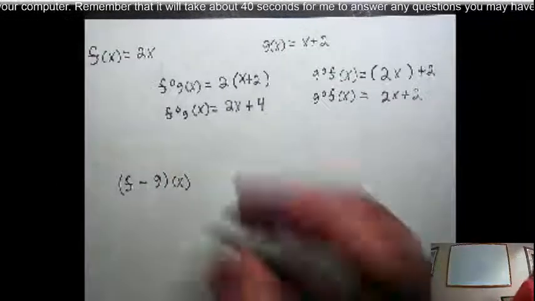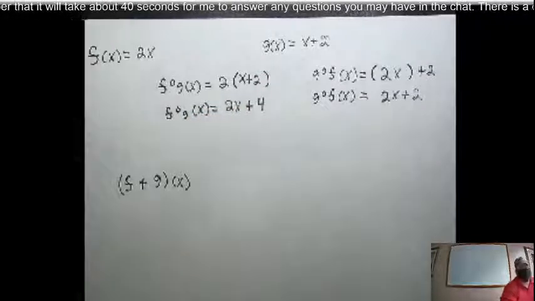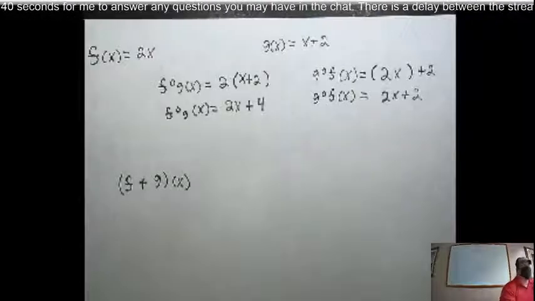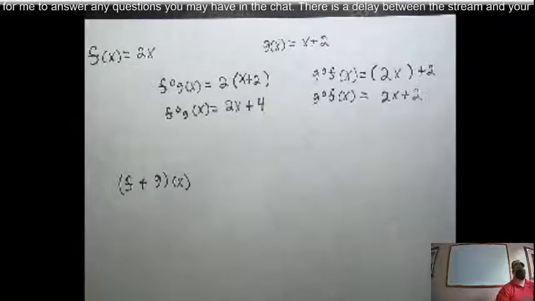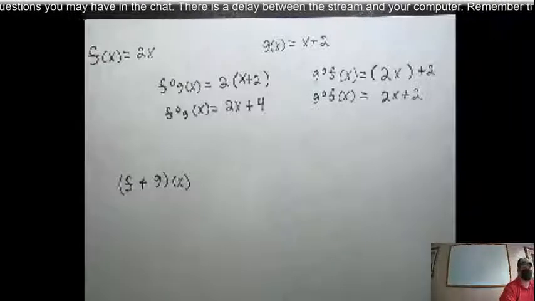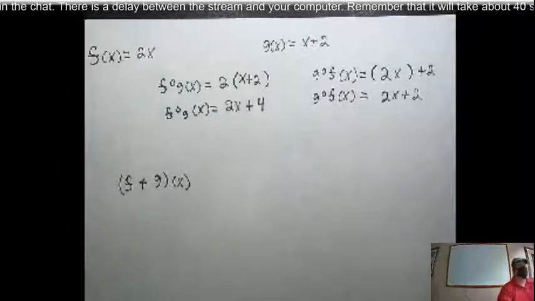We can do things like f plus g of x. We can do f times g, f divided by g, all that kind of stuff, and vice versa. We can flip it the other way around as well. So let's take a look at that real quick.